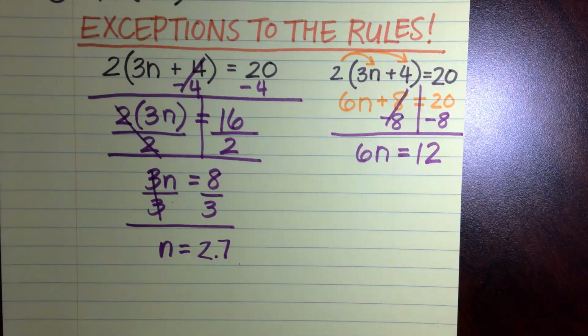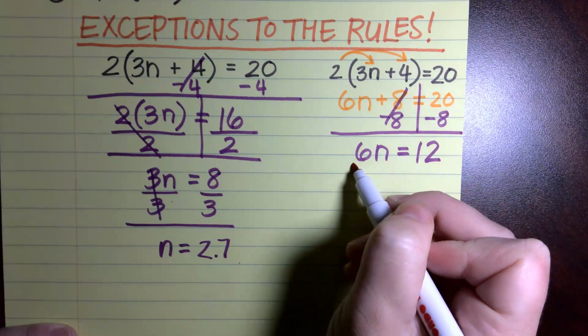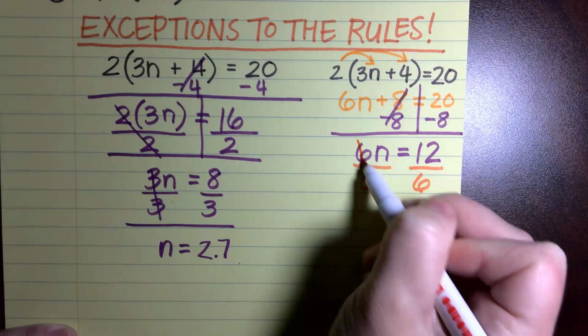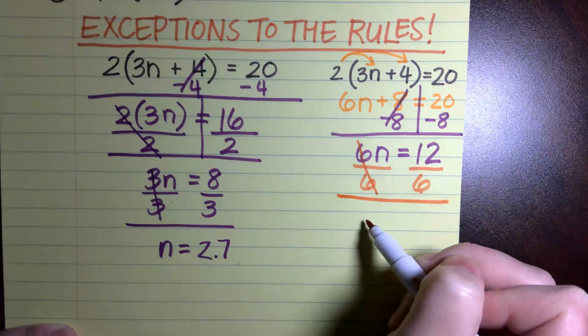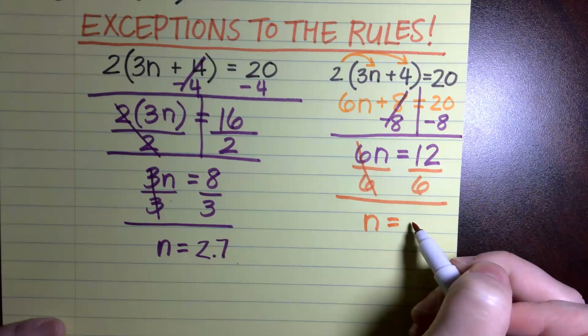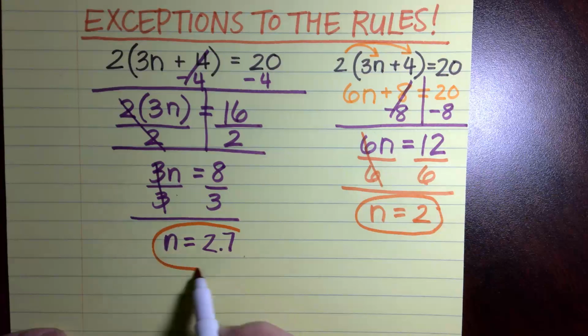Okay. And what next? So when we divide? Yeah, we have 6 times n. To get rid of times or multiplication, we divide by 6 on both sides. My 6's cancel, and I'm left with n equals, what's 12 divided by 6? 2. Okay, guys, so let's talk about this.